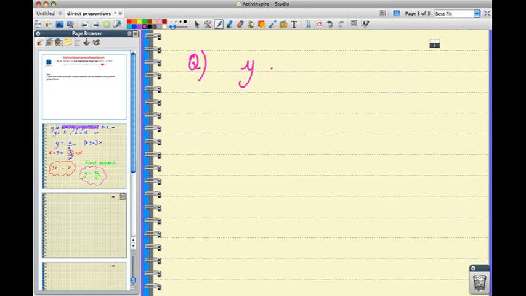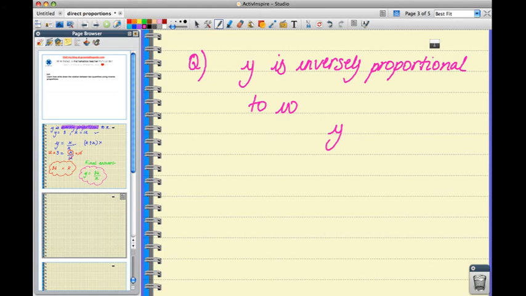y is inversely proportional to x. We know y is equal to 8 and x is equal to 4.5.